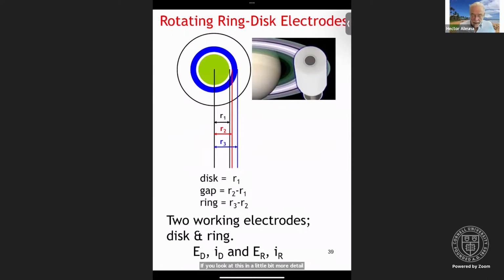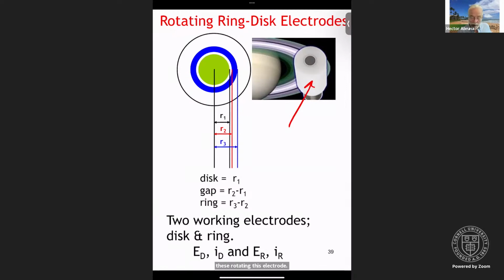in a ring disc electrode, this is a rather complex electrode system where you have two electrodes whose potentials and currents you can control independently, or measurements you can do independent of each other. On the right is an actual picture of one of these rotating disc electrode systems.